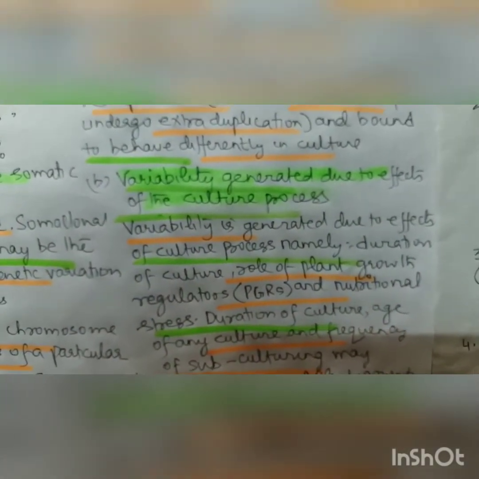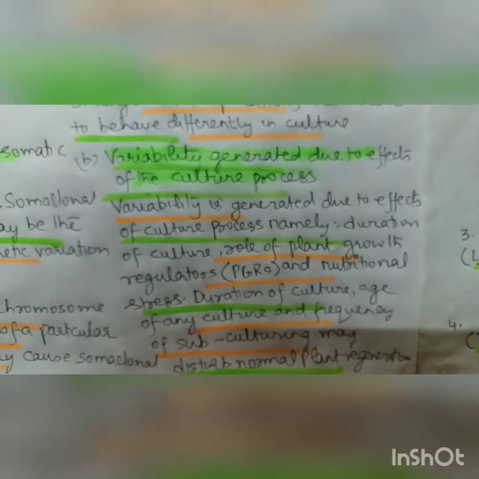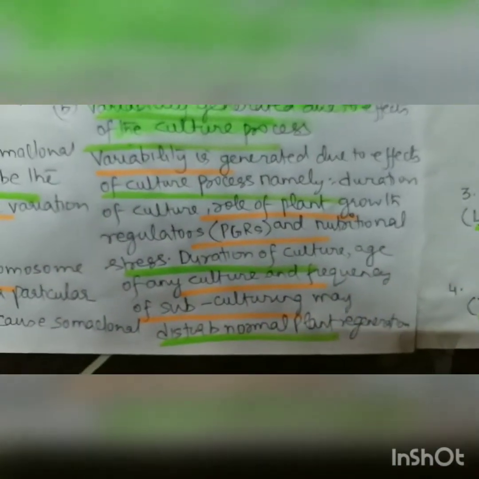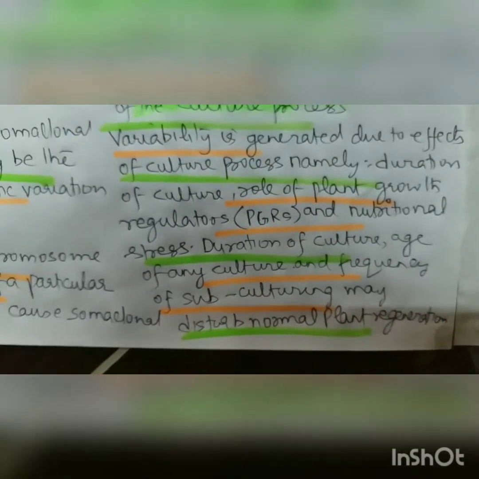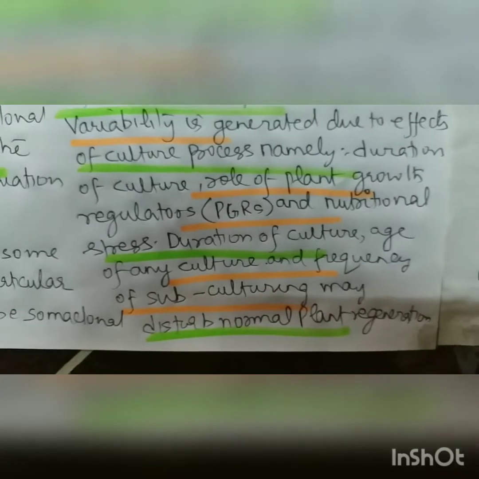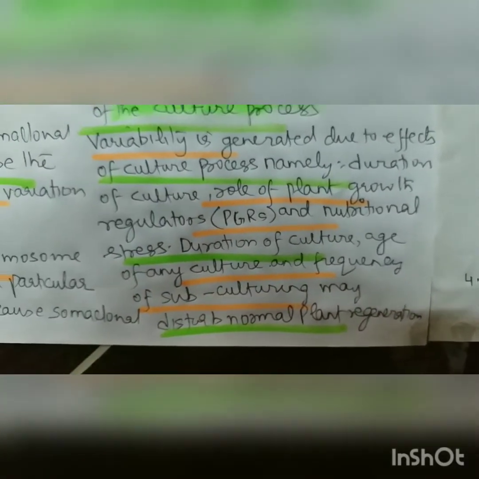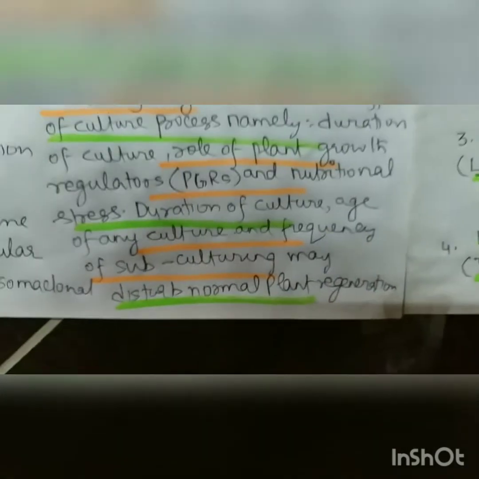So next is the variability generated due to the effects of the culture process, namely duration of culture, rate of plant growth regulators, and nutritional stress. Duration of culture, that is age of the culture or frequency of subculturing, may disturb normal plant regeneration.